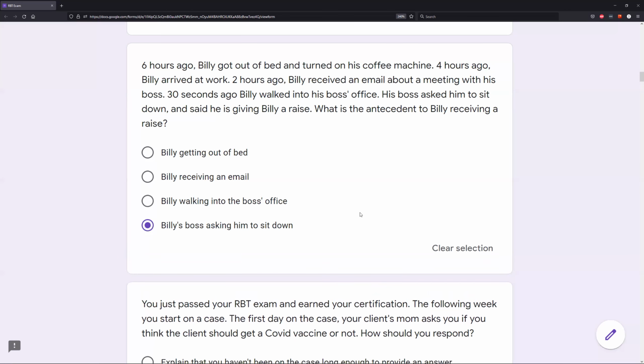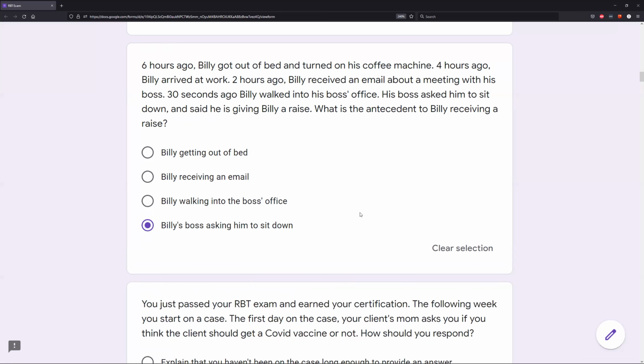So this is a question to test your fundamentals, okay? It's a strangely worded question, but the idea is to reinforce that when we're trying to identify antecedents, we want to know what happens exactly before the behavior, okay? For example, as a BCBA, when I'm interviewing parents and I ask for antecedents, and they start telling me about the morning and what they had for breakfast and this, that, and the other thing, all that's great.